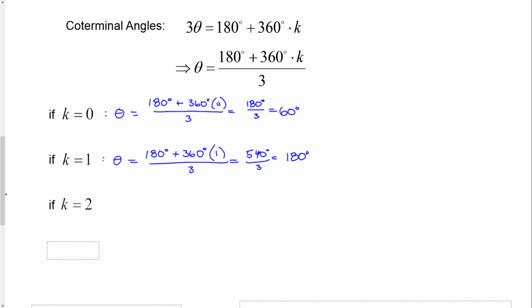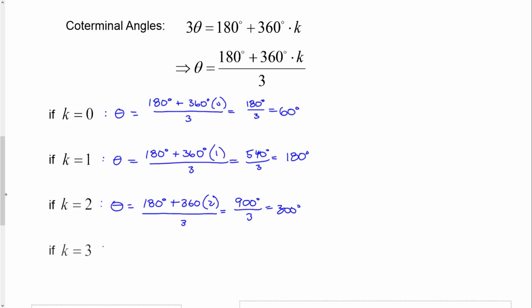If k is equal to 2, and just bear with me here, I'll get to a point of what I'm doing. I'm just showing you that for different values of k, we can get different solutions. So 180 plus 360 times 2, so 180 plus 720, that divided by 3. It's 900 divided by 3, which is 300 degrees.